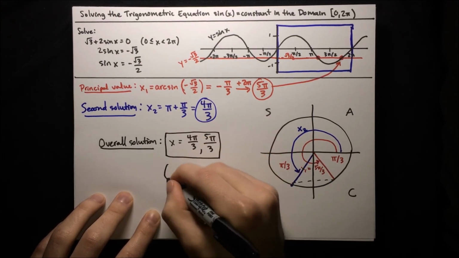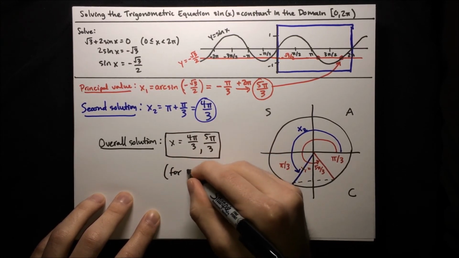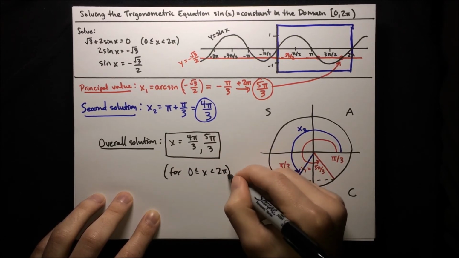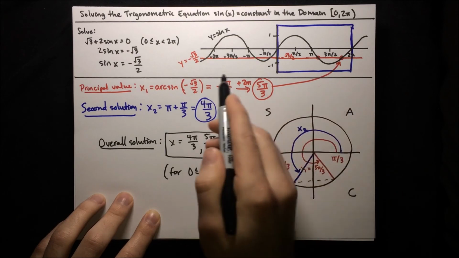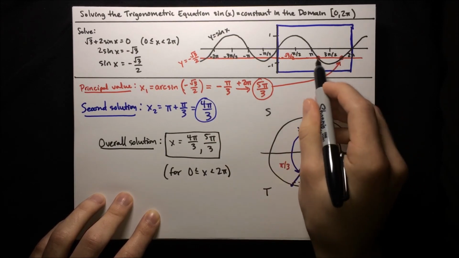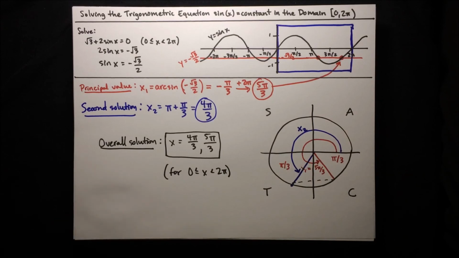And remember, that's just for x in the domain 0 to 2 pi. If we didn't have that restriction, we'd have infinitely many solutions, but because we have this restriction, we only have 2 points of intersection. In the future, we'll also learn how to solve similar problems, but where the domain is different and where we use cosine or tangent instead of sine.